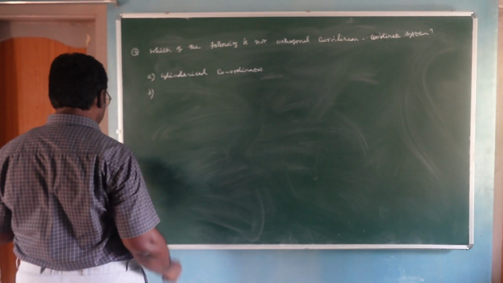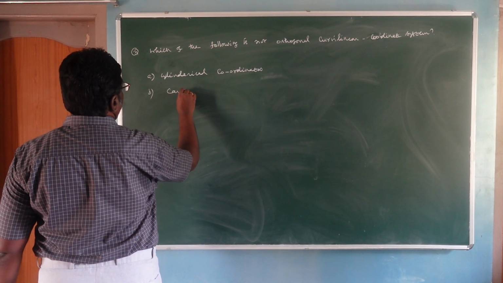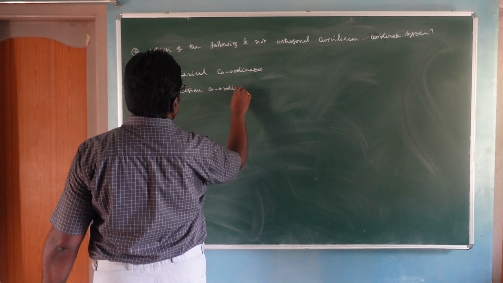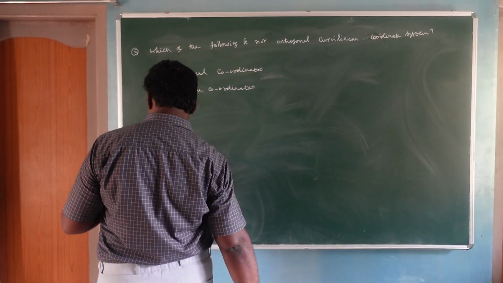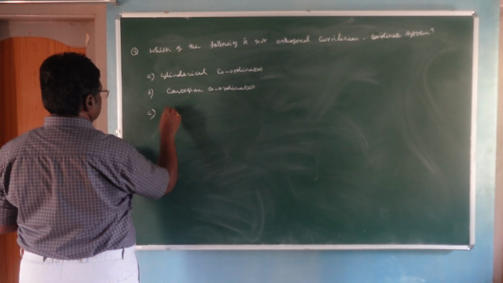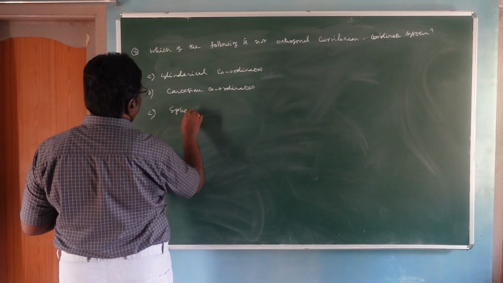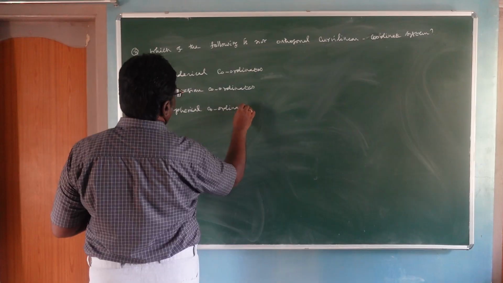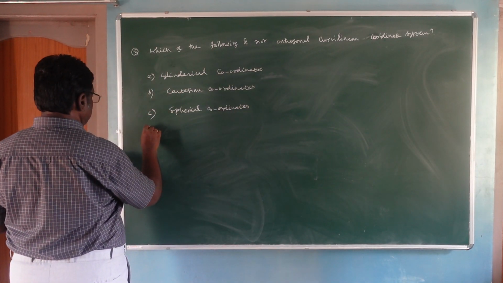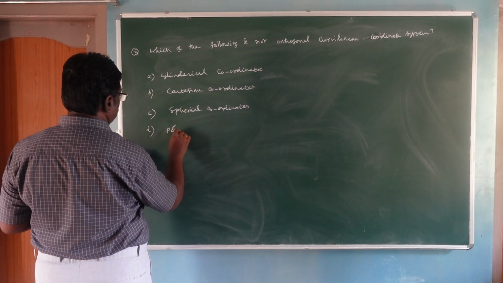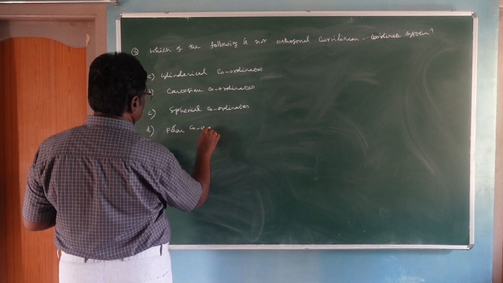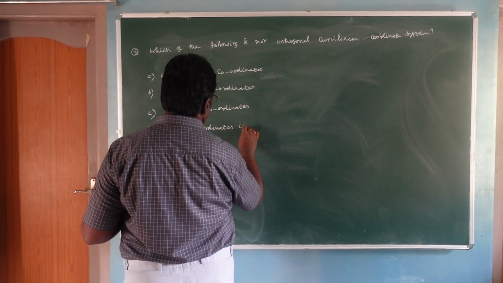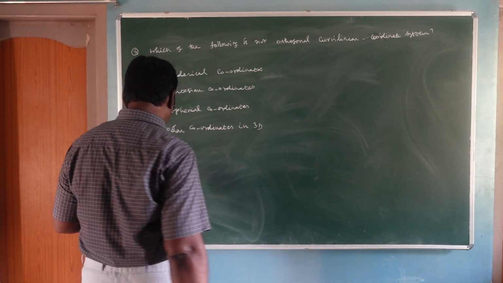Option B, Cartesian coordinates. Option C, spherical coordinates. Option D, polar coordinates in 3 dimension, in 3D.